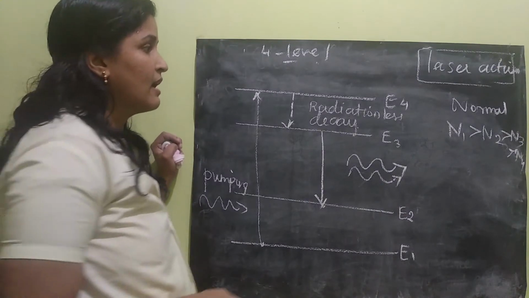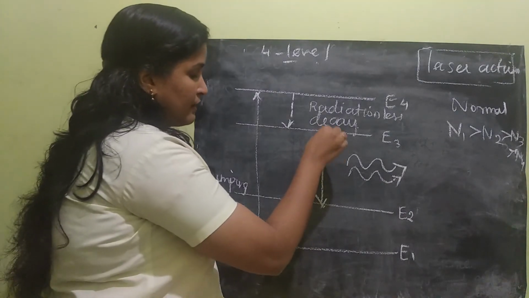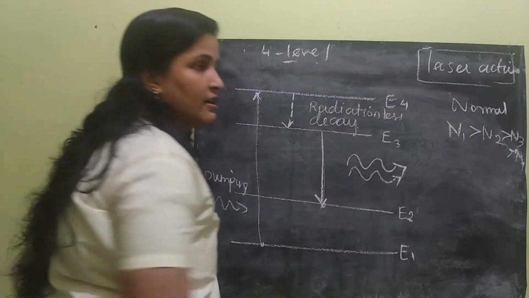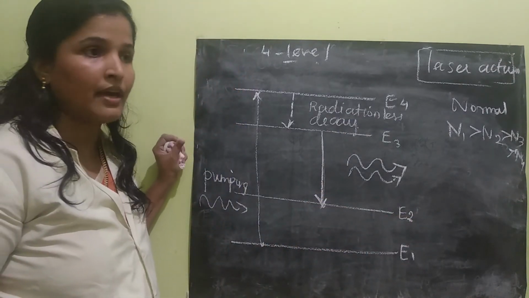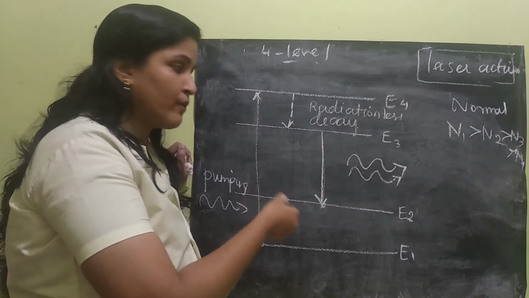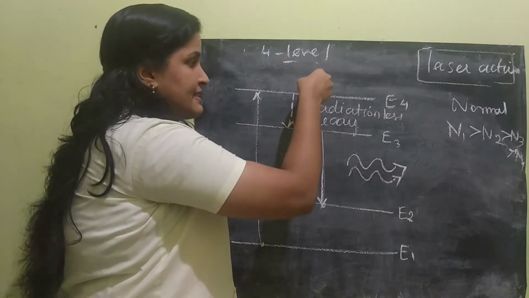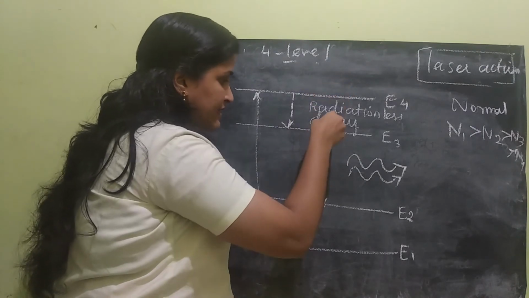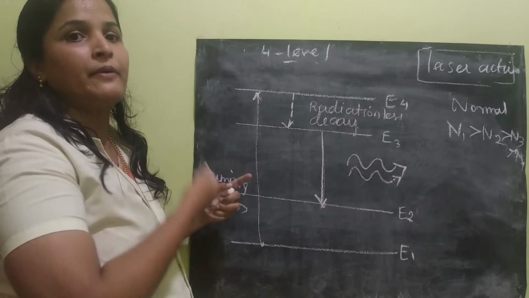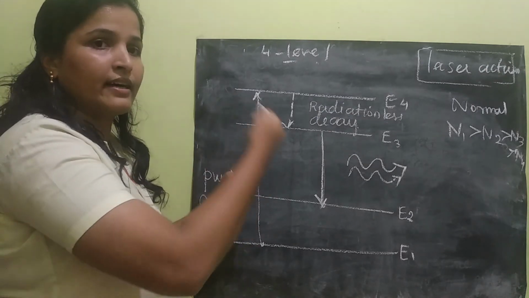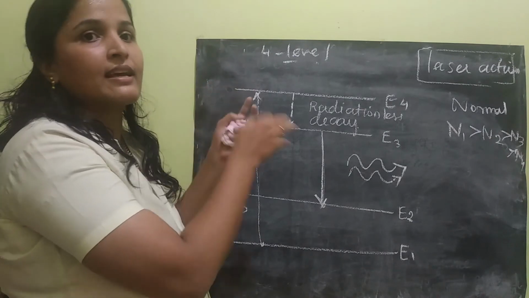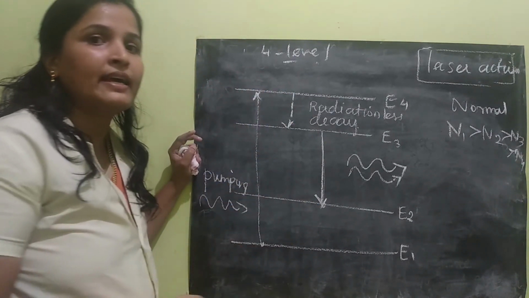The reason is that at once it goes back to the energy level E2. Okay, so some of the atoms will again move to the excited states E4 and E3, and come back. Okay, so repeatedly it will be hitting other atoms and making them excite, and the process will continue.